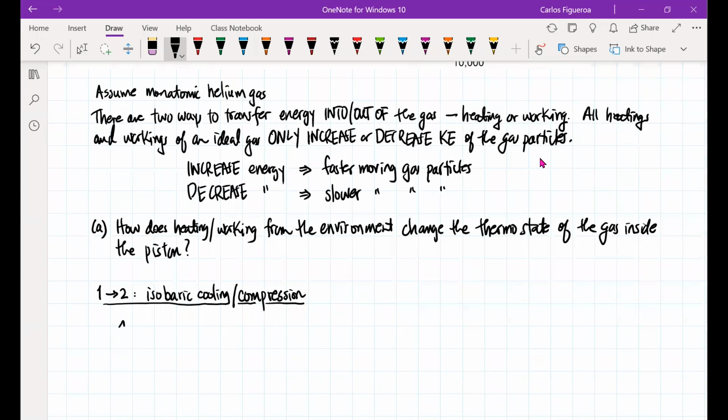So when I say the word compression, what this implies here is that gas particles collide with the piston head.